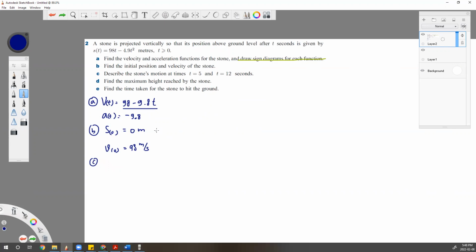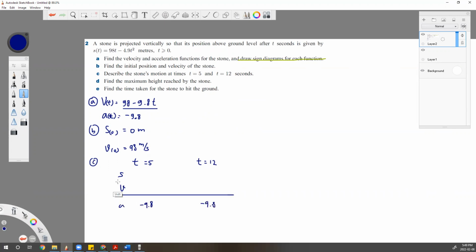No. Why? Because the a is constant. If a is constant, a2 and a1 are the same, -9.8. Got it? When t equals 5 and when t equals 12, you have to find the s, v, and a. The a is unchanged, just write it like this.